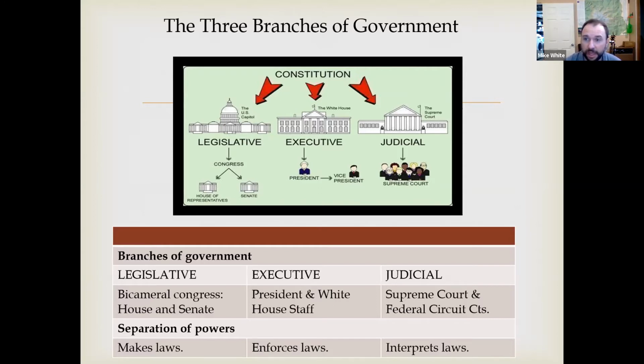That would be Congress, and our Congress is what we call a bicameral Congress. In other words, there are two houses of Congress, right? So you can see up here in the diagram that the Congress is made up of the House of Representatives and the Senate. Okay, so we're going to talk about them more in detail in just a second.